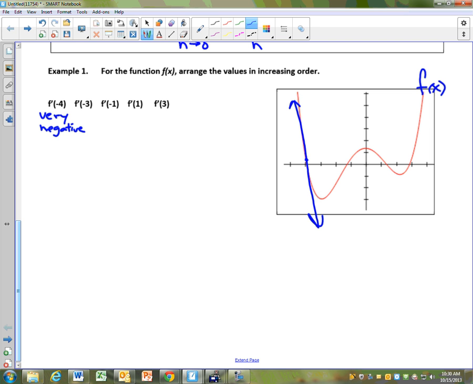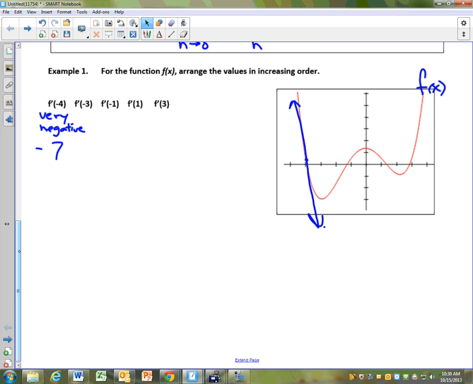If you would like to ascribe a number to it, go ahead. Negative 7. That's a guess. Good, Larry. You can kind of eyeball it and say, well, if I go over 1, it looks like I go down about 7. Sure, that's fine.